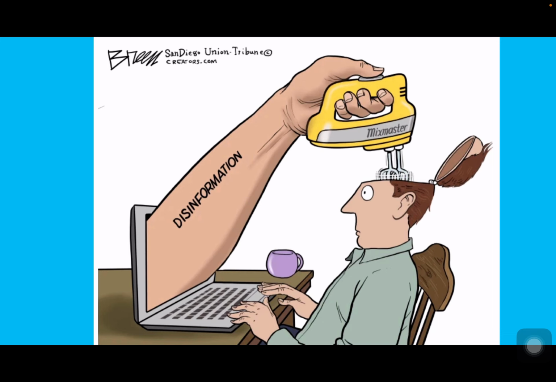We've got this man who is glued to his computer, and his computer signifies or represents social media. And of course, according to this strong arm here, it's all disinformation, and it just mixes everything up in our brain.